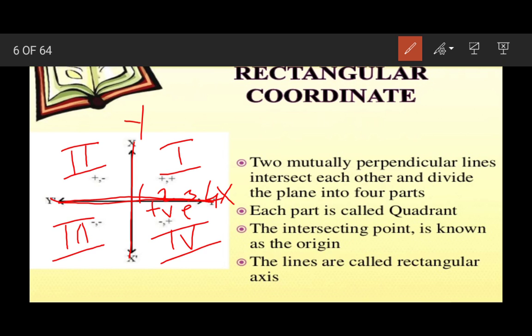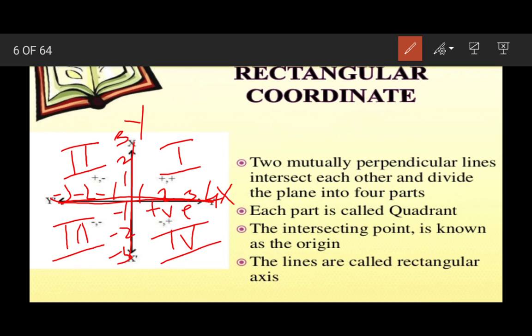On this side we get negative numbers, -1, -2, -3 and so on. On the upper side we get positive numbers 1, 2, 3 and so on, and on the downside we get negative numbers -1, -2, -3 and so on.